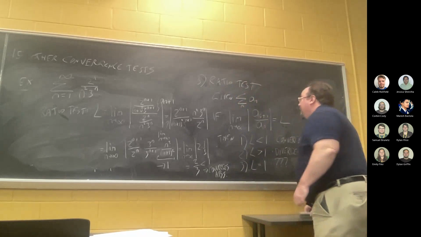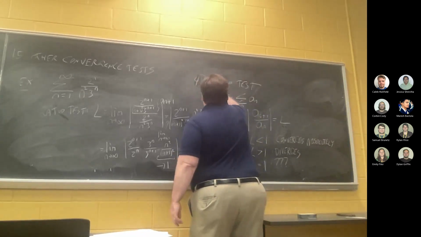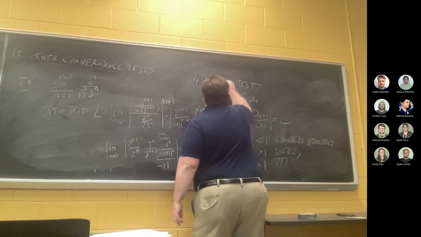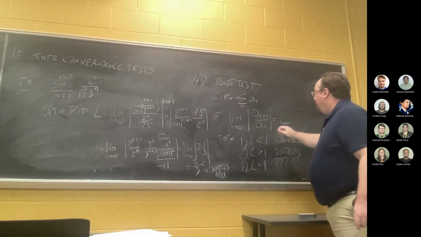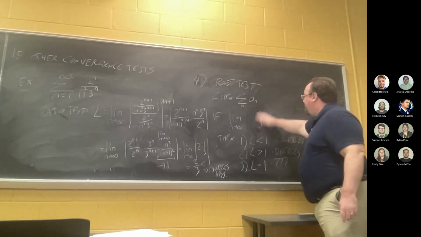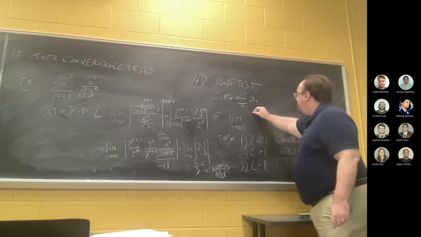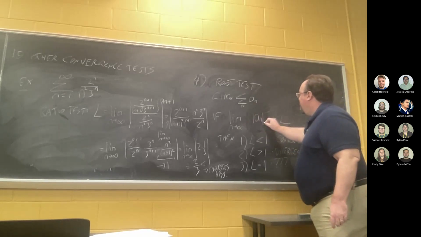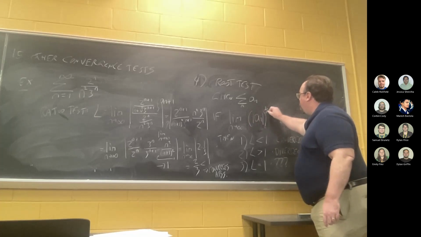One more convergence test, very last one. Kind of similar to the ratio test, it's called the root test. You just take a different limit. Instead of the ratio, you look at the absolute value of a_n and raise it to the 1 over n power.